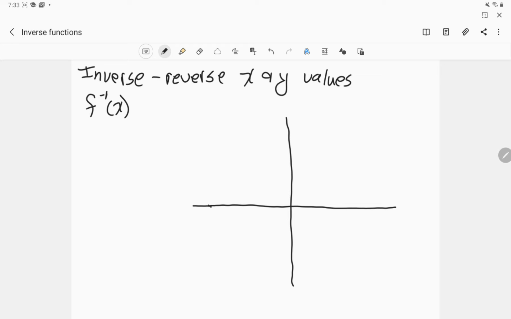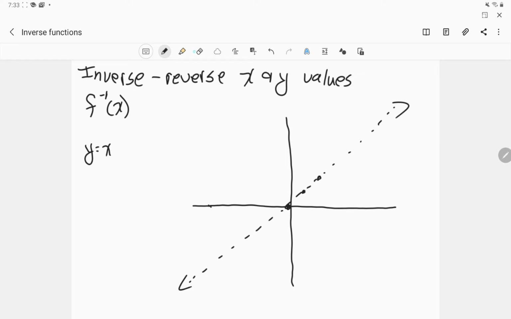Think about what y equals x means. If your x is 0, your y is 0. If your x is 1, your y is 1, right? Because they're equal. If your x is 2, your y is 2. And so this diagonal line is your y equals x axis.